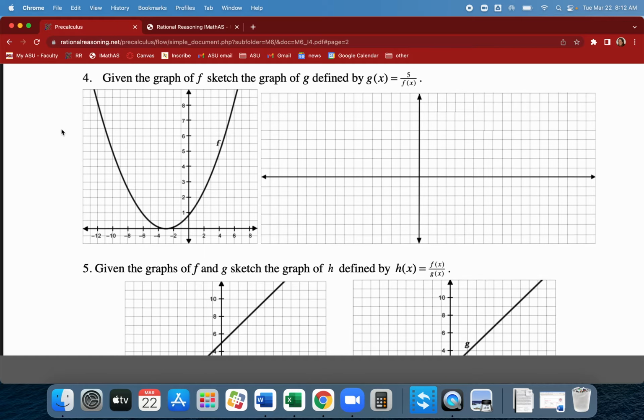And once you've got that, go ahead to number 5, which has a function f and a function g that are both linear, and wants you to make a fraction out of them. So that one's tricky.